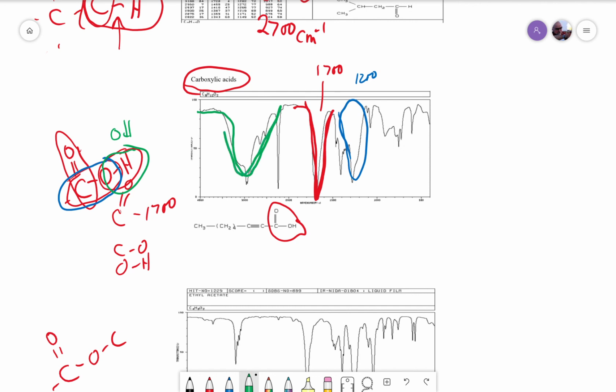And that OH stretch is now extremely broad, because that OH, that H, can be resonantly distributed, so the frequency is less defined. The OH stretch of a carboxylic acid is easily recognizable because of how broad it is. Note that it starts at about 3500 and goes all the way down to about 2200.